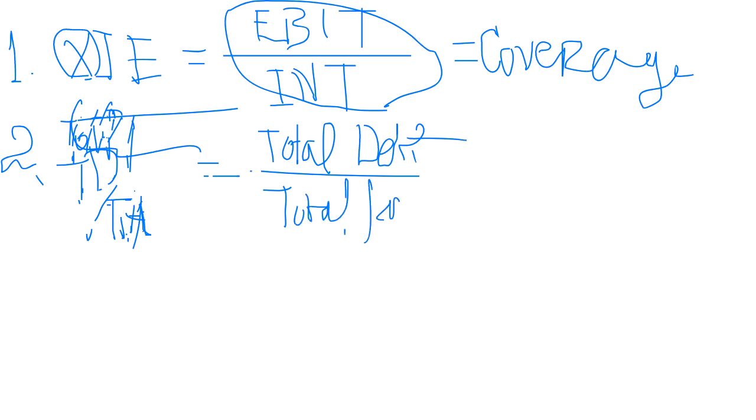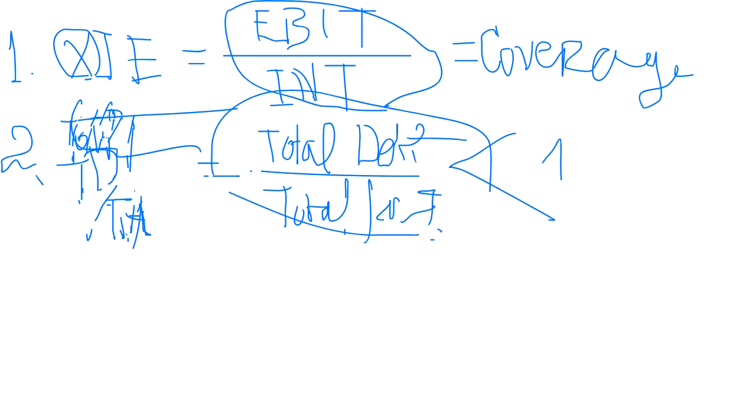But think about it. Then total debt over total assets would always be less than 1. Isn't that right? Why? Because assets are debt plus equity, right? So that's why this is also called the leverage ratio. Leverage.